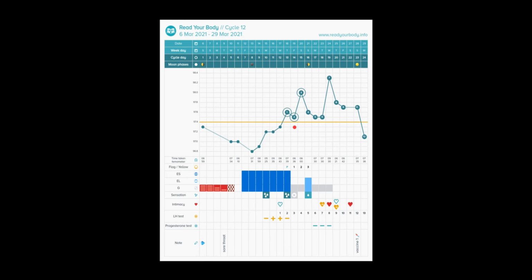It's kind of like a secret superpower in a way. You gain so much knowledge about what's happening inside of your body, and you're seeing it in a concrete form on a chart in front of you that you can show your partner and show your doctor. And I just think it's so fascinating.